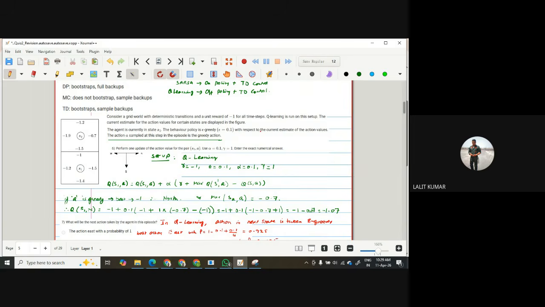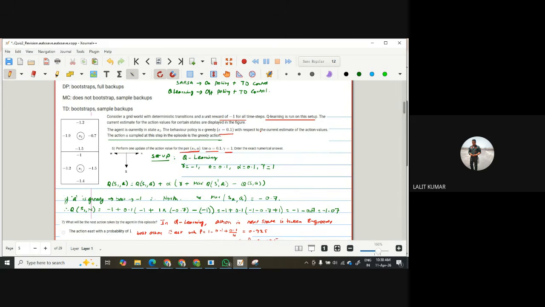So this is Q learning in this setup. Unit reward is -1. Epsilon is 0.01. The action A is sampled at this state. From S1, perform one update of the action value for the pair S1, A. Use alpha is equal to 0.1, gamma is equal to 1.